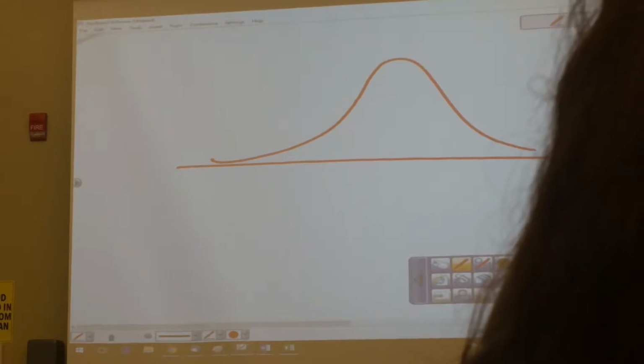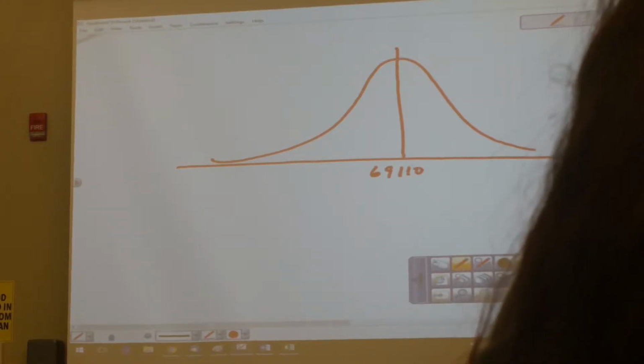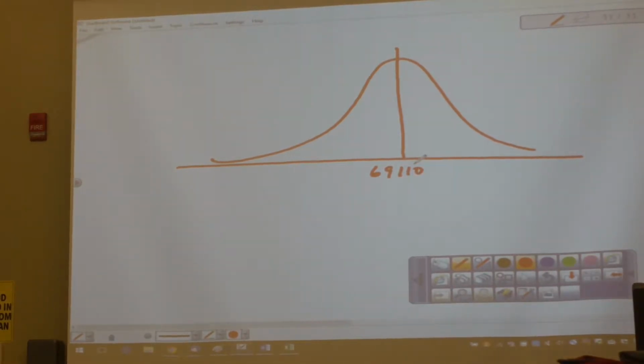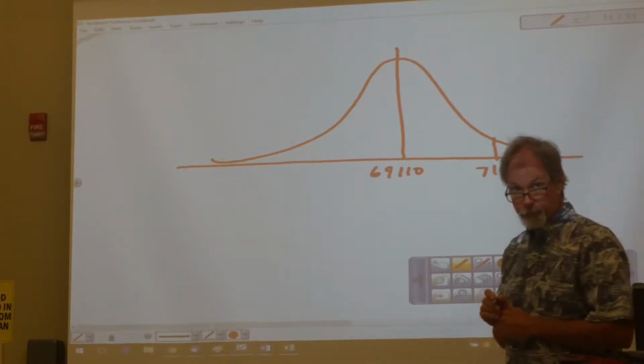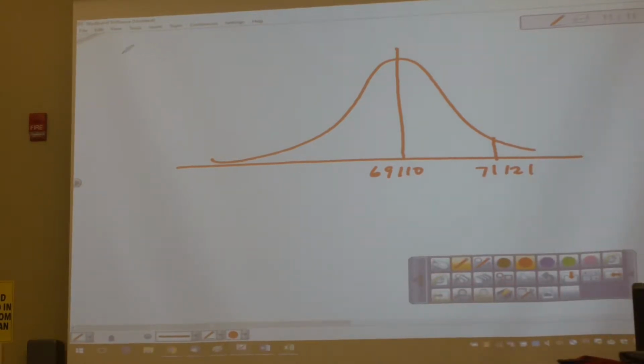My mean here was 69,110, and the value that we got was 71,121. Our null hypothesis was that mu was equal to 69,110, and my alternative hypothesis was that mu was greater than 69,110.